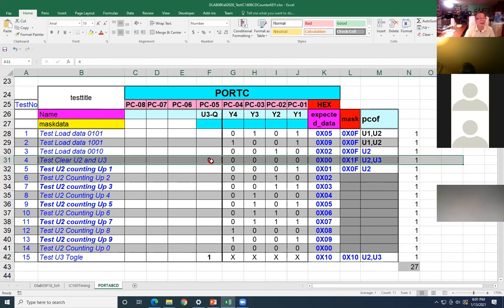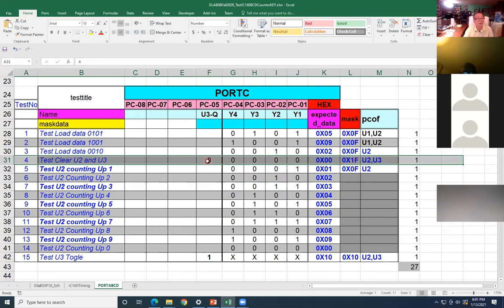Okay. Now on that number 4, they want to make sure when they clear, the output counter has to be 0. Right? Test 15, they're only worried about U3, that's why. I'm talking about number 4 first. On that 4, you clear, and you want the output to be 0, 0, 0, 0. So that's why F. Right, because you've got to worry about U3.